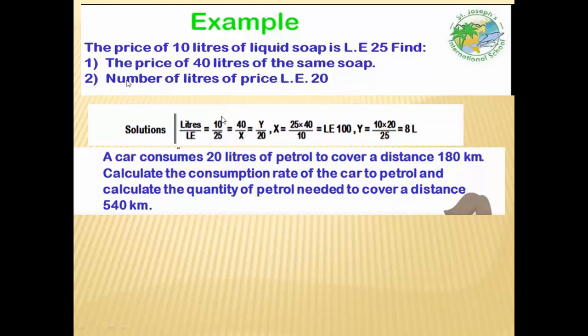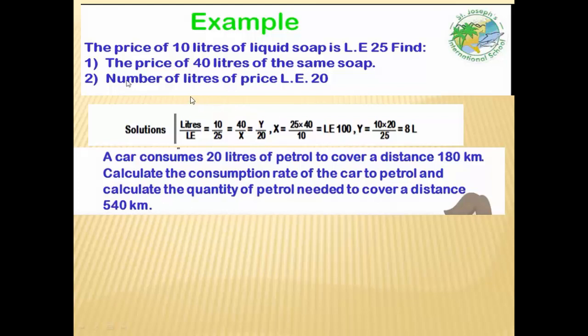Then we can use the property of proportion to find the value of x. 25 times 40 by cross multiplication over 10. After we calculate, the final answer equals 100 pounds. Then 10 liters equal 25 pounds, and 40 liters is 100 pounds.